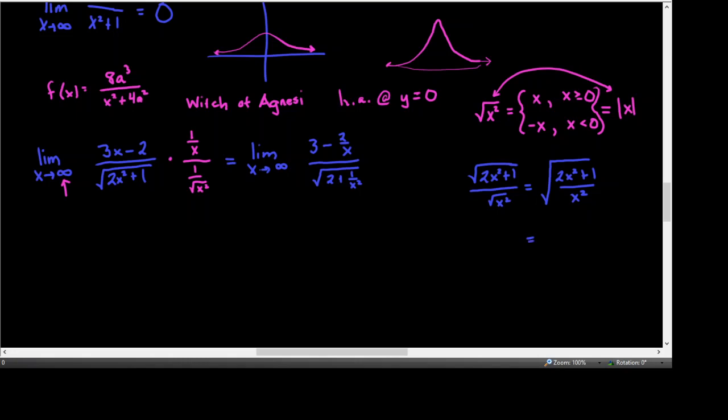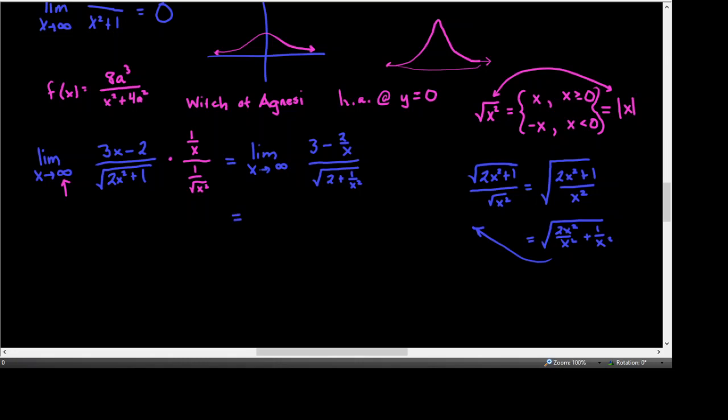Then I can split this into 2 over x squared over x squared plus 1 over x squared, which gives me what I have over there. When you simplify 2x squared over x squared, you get 2 plus 1 over x squared.